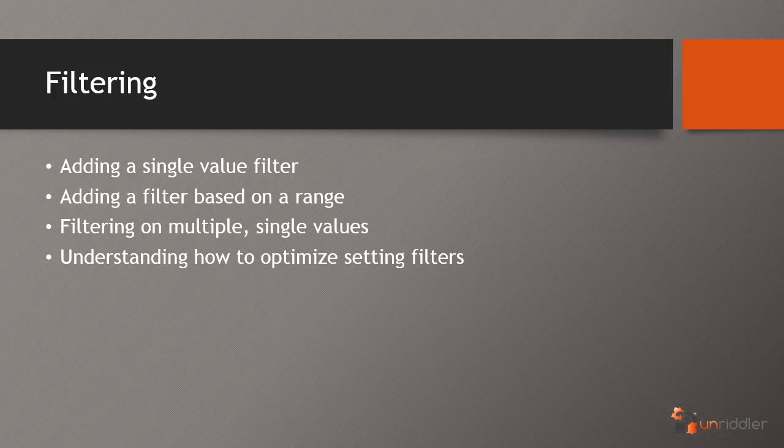And then I'm going to end with just briefly talking about how we optimize our settings for filters. And when I say optimize, it's looking at the data and what we actually want to see and applying the right filters. Sometimes it may make sense to exclude a data value rather than trying to, on the filter, say I want to see 10 different cost centers.